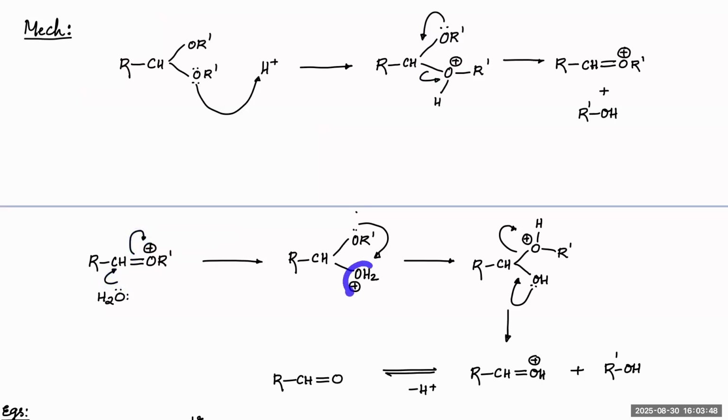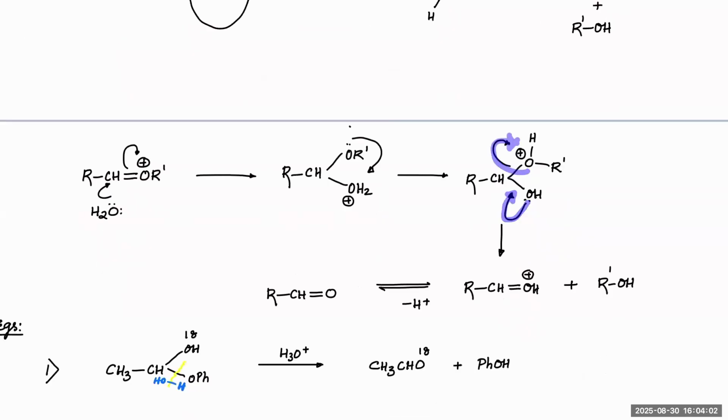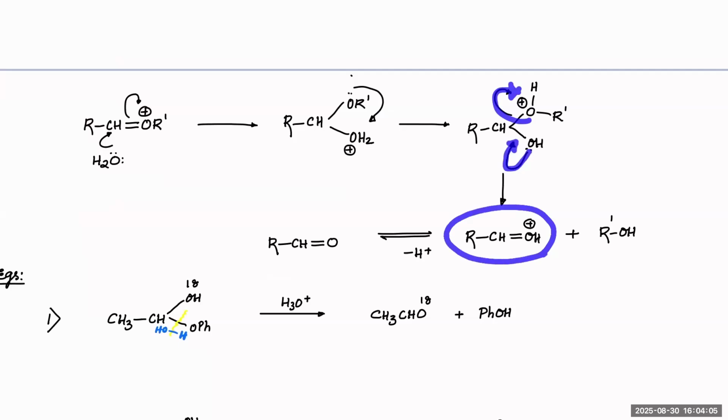You will get this as OH2 plus. So the lone pair from this oxygen will internally take away H plus and become ROH. And now the lone pair from oxygen will push so that this ROH can leave, thus giving away the aldehyde and alcohol form.